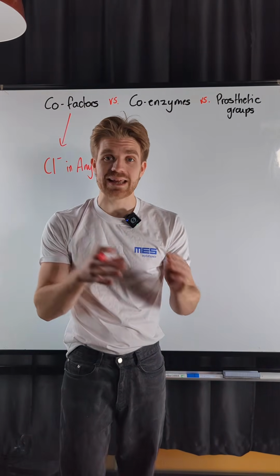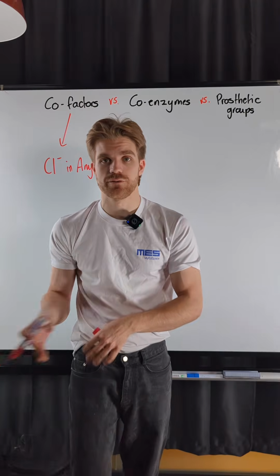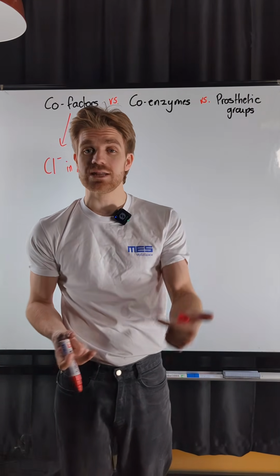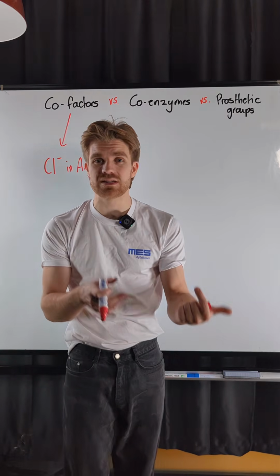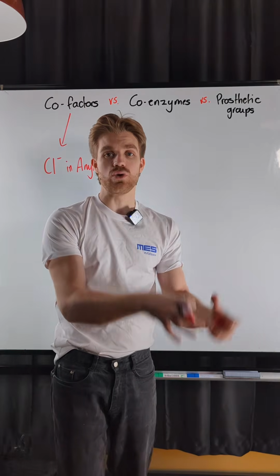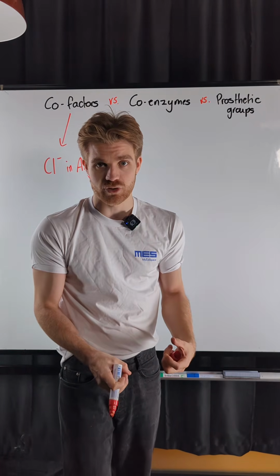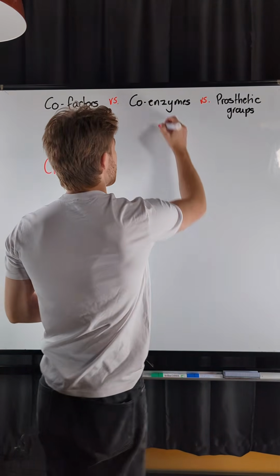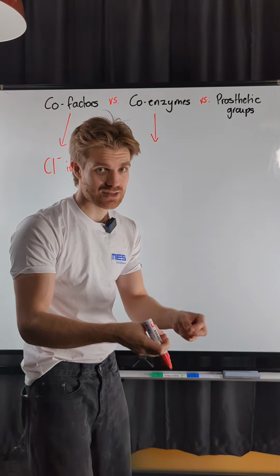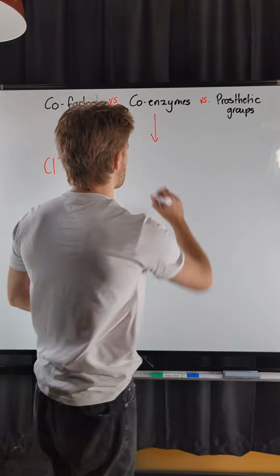Next, we have our coenzymes. Coenzymes are organic molecules that are required for the functioning of the enzyme. The coenzyme is quite often changed in the reaction, but that's because the coenzyme is usually just carrying some other chemical group to the enzyme to act as the substrate. A really good example of this is coenzyme A, which is attached to acetyl, which we would find in the Krebs cycle.